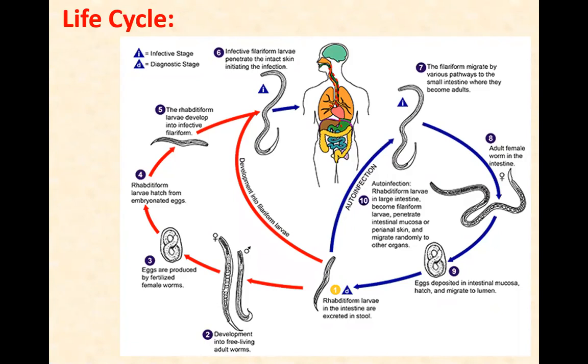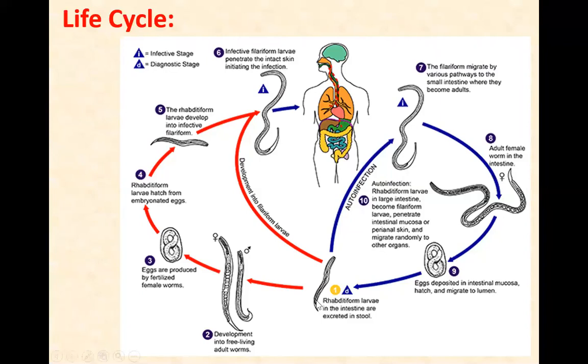The gravid female lays eggs, and the eggs hatch and rhabditiform larvae are produced, which migrate to the lumen of the intestine. Once in the lumen, they are excreted in the feces.